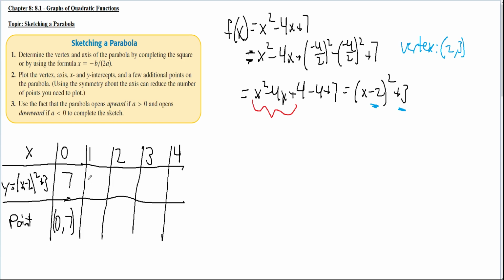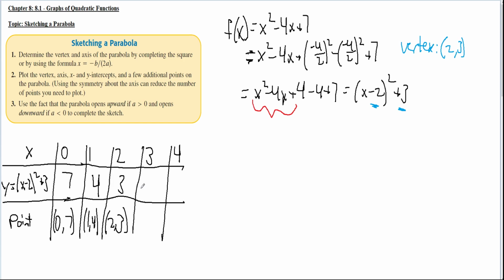When we plug in 1, we get 1 minus 2, which is negative 1, and negative 1 squared is 1, plus 3 gives us 4. So we have 1, 4. And this we've already solved for, right? Because 2 minus 2 is 0, and 0 squared is 0, plus 3, because that's all that remains, gives us 3. And so we still have our vertex here, which is 2, 3.